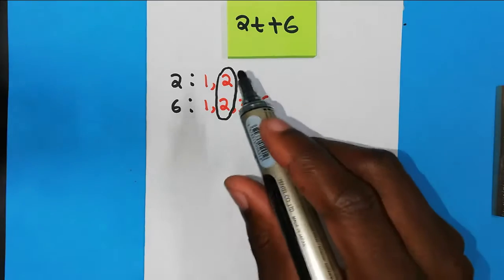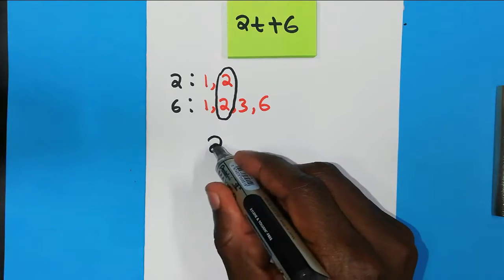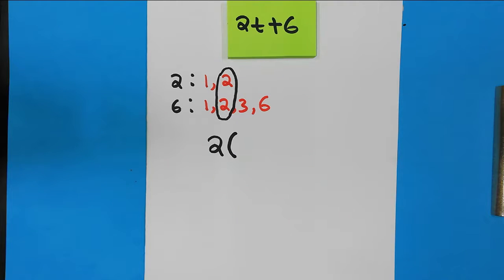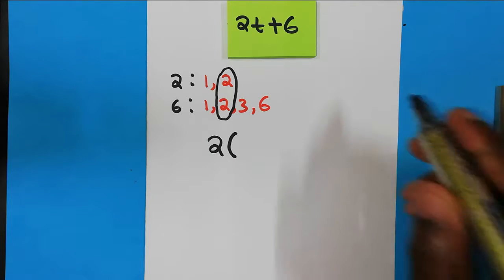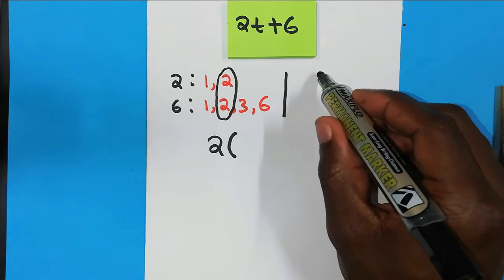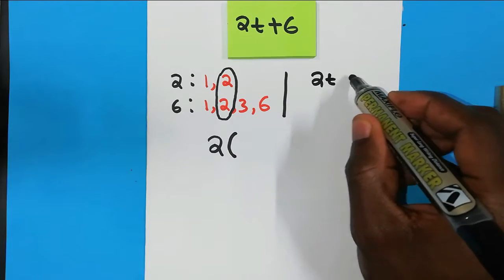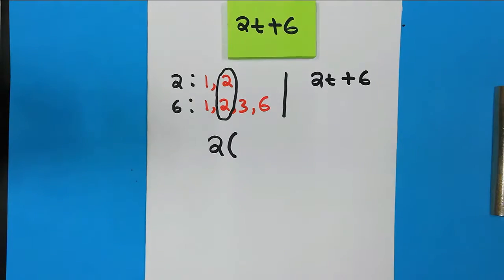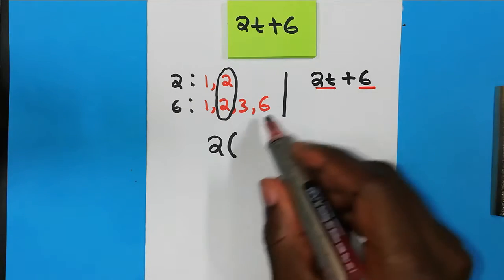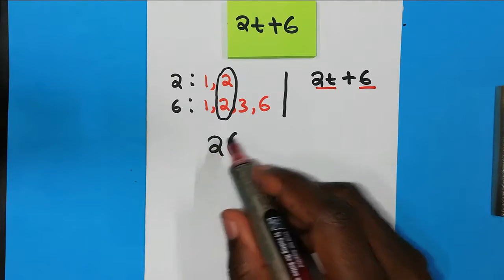So that common factor, you're going to write it here. Now inside the brackets, what am I going to write? Write this expression as it is, and divide each and every term by that common factor.